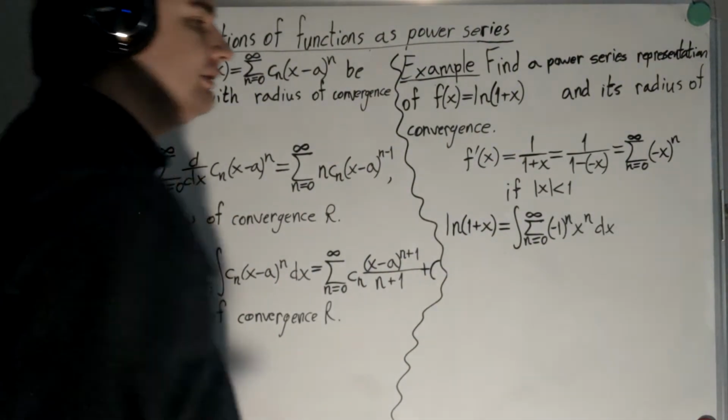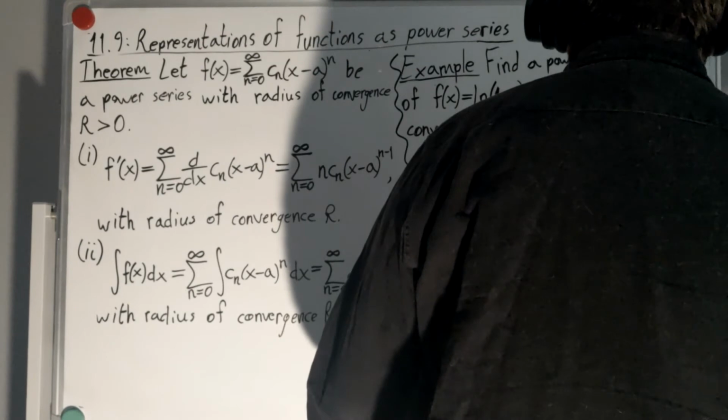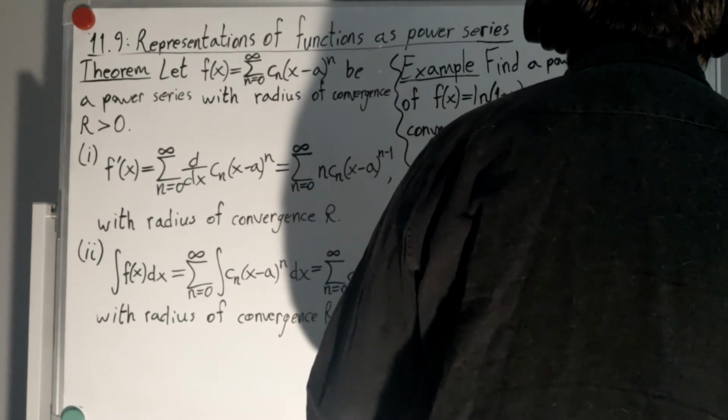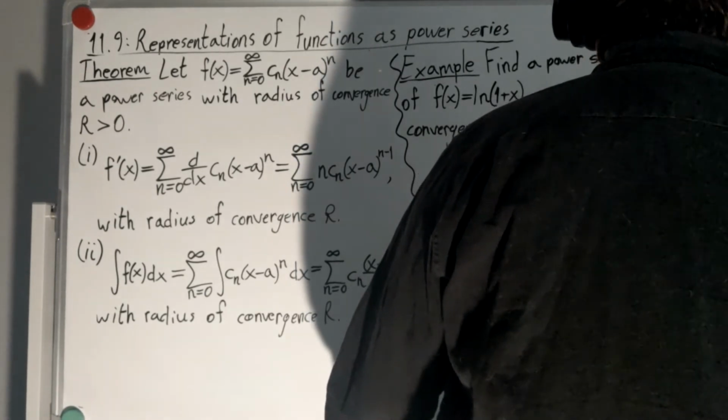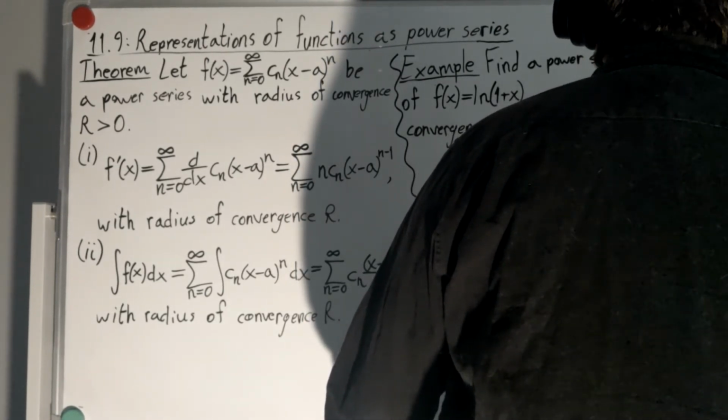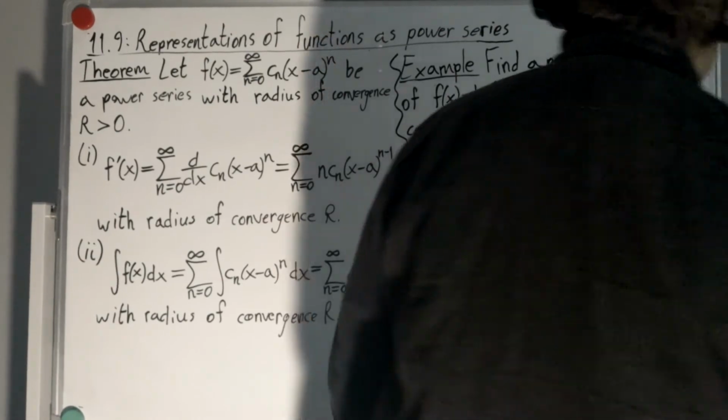Power rule, so then that just becomes the sum from n equals 0 to infinity of negative 1 to the n, x to the n plus 1, divided by n plus 1.